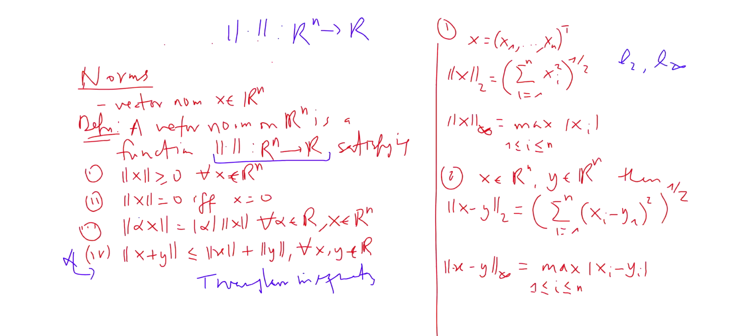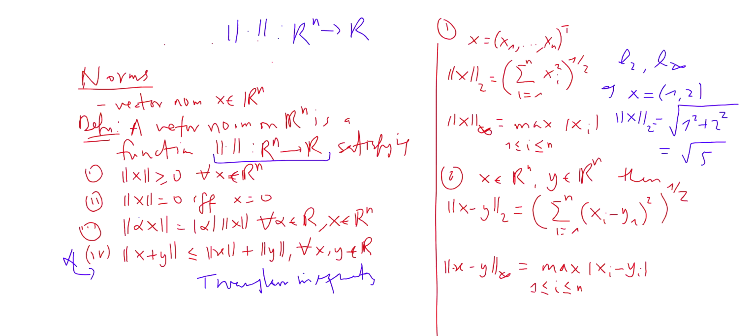If you have a vector, the L2 norm is the square root of the sum of the squares of the elements of the vector. For example, if x is equal to (1, 2), then the L2 norm is the square root of the sum of squares of the individual elements, and this will give you the square root of 5.